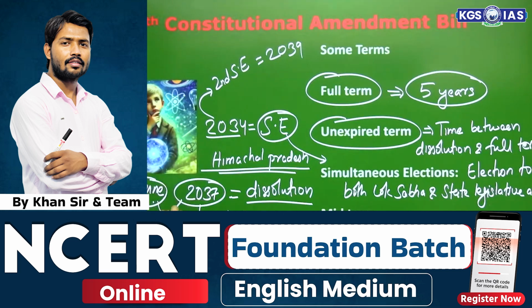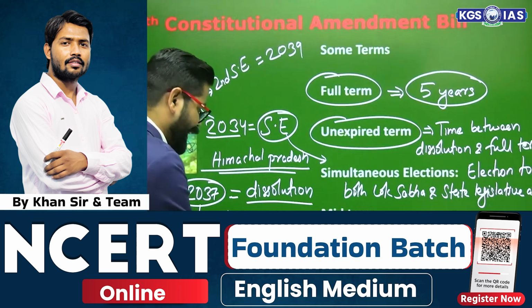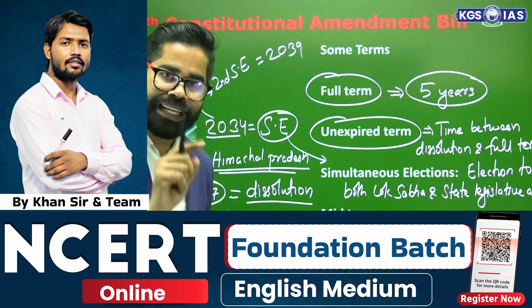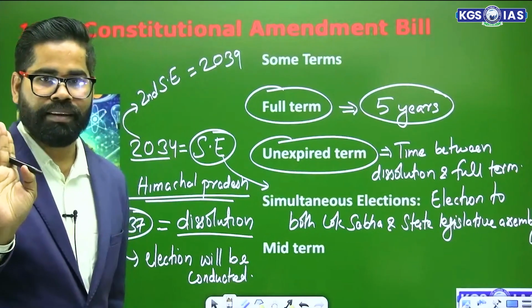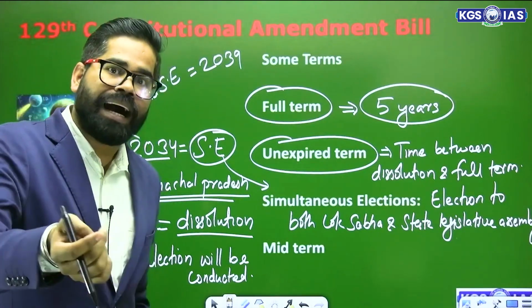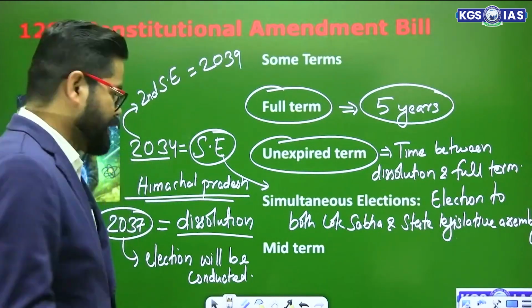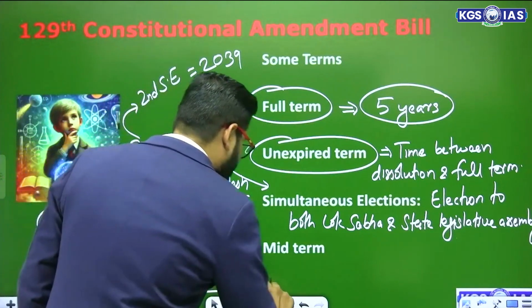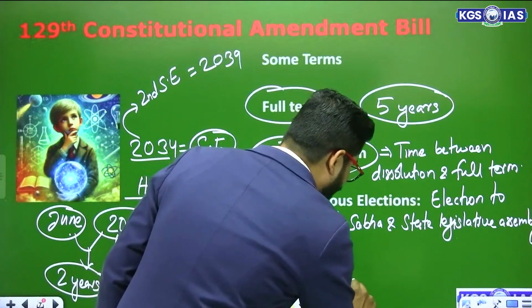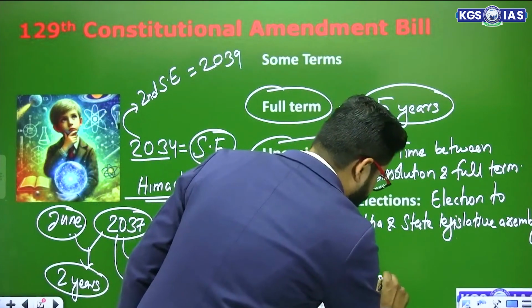Now suppose that in 2037 there is an election; the house will have a tenure of only 2 years. Let us say another case: in June 2038 the House is dissolved again.